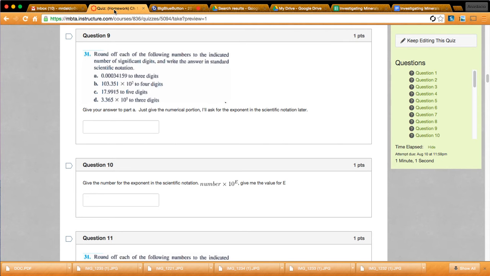Okay, fine. If I round it down to 3 significant figures, I write it like this: 0.000342. Right? Agreed? Done? Understood?